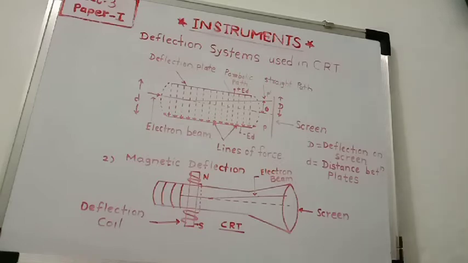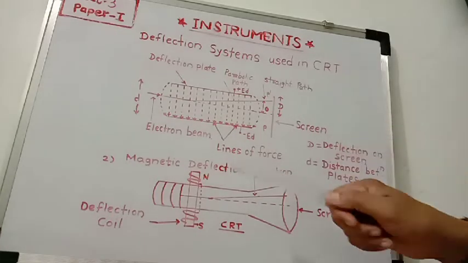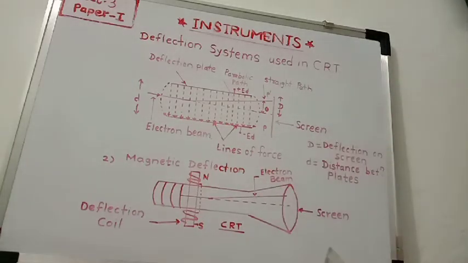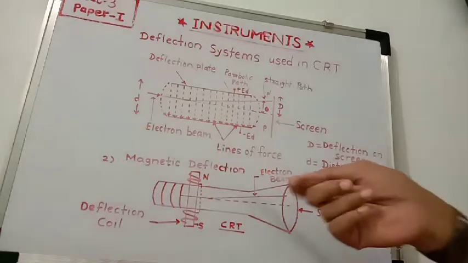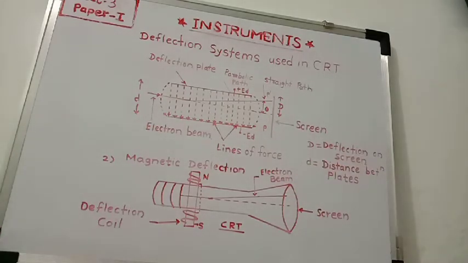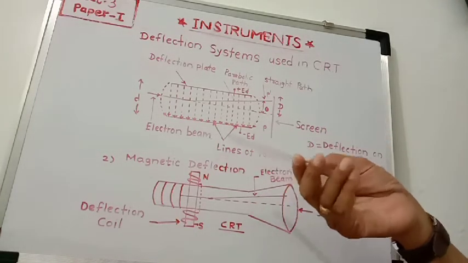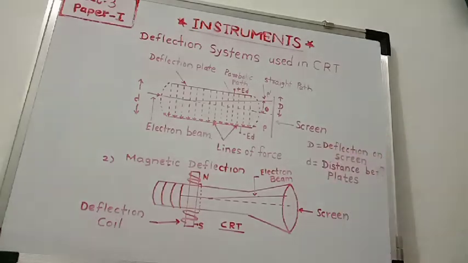Now the second type is magnetic deflection. Whenever it is impossible or inconvenient to produce electrostatic deflection voltages, this method is used. In this method, two sets of coils are placed around the neck of the tube.